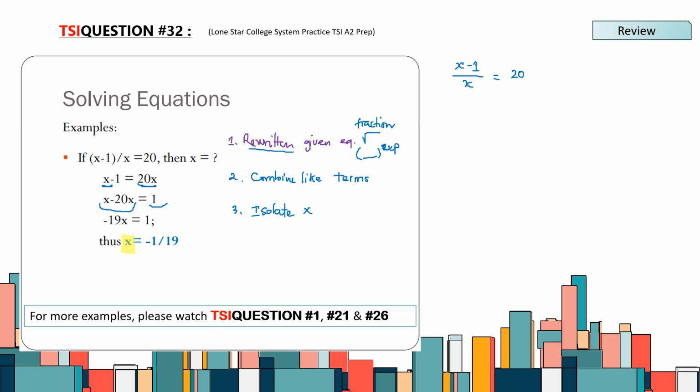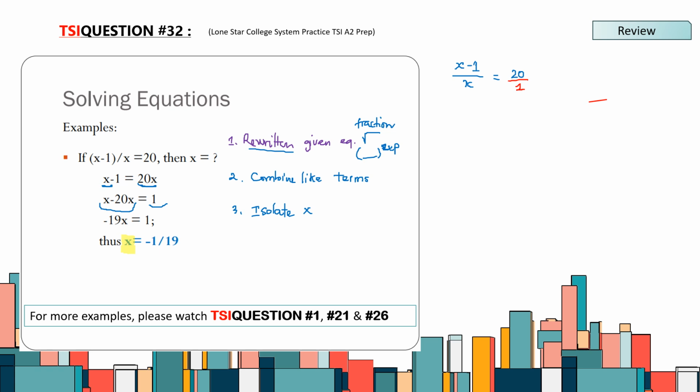Okay, let's redo this example. So we have x minus 1 over x, and 20, usually we can rewrite as 20 over 1. It's the same as 20.